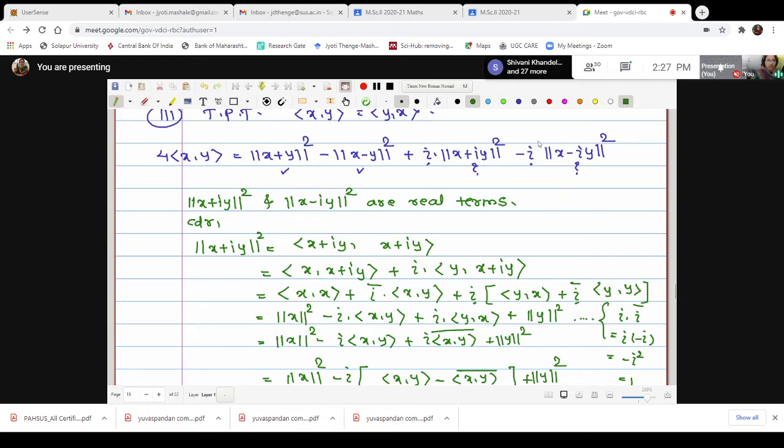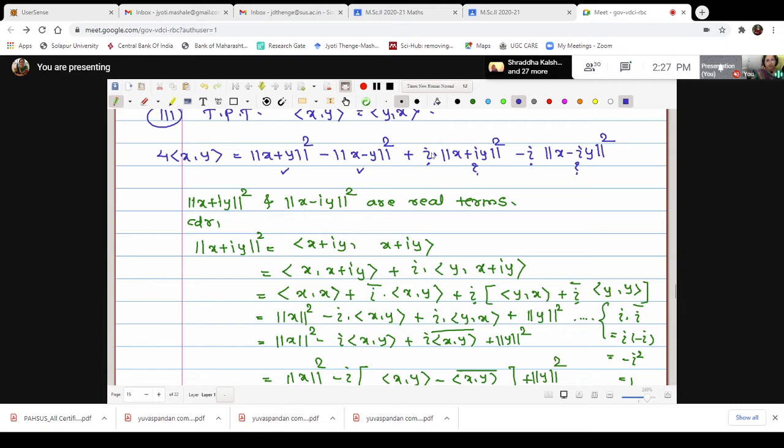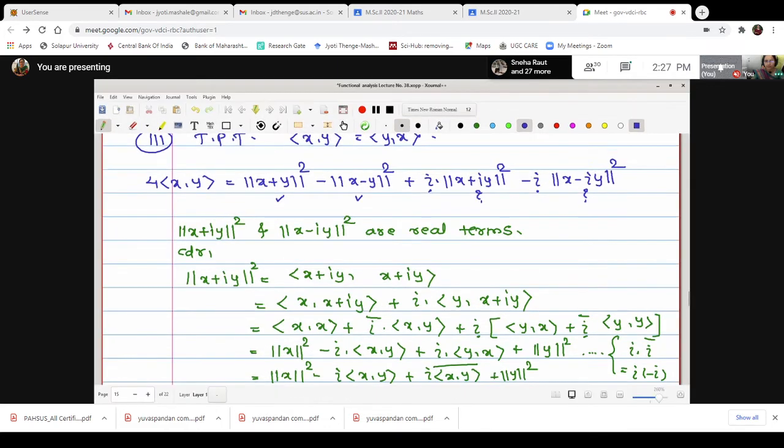Now we want to take the complex conjugate of this equation in order to prove this identity, right? Taking a complex conjugate means we will replace this i by minus i and this minus i by i.